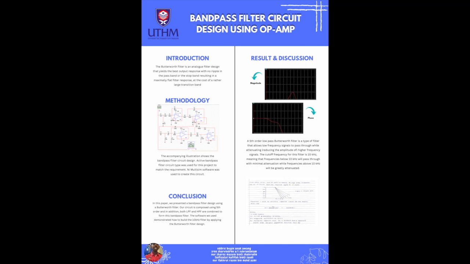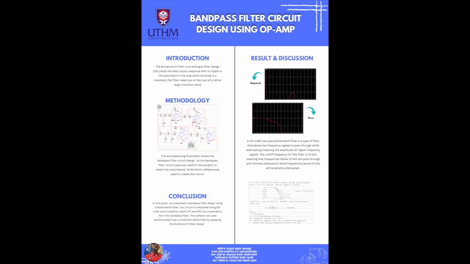So in conclusion, what I can say is a fifth order filter will have a steeper roll-off and a greater level of attenuation than a lower order filter such as a second order filter. This means that a fifth order filter will be able to reject unwanted frequency components more effectively than a second order filter.